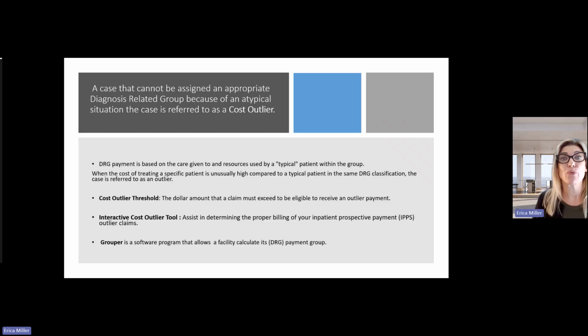And how do we get reimbursed for this? So again, it has to exceed a certain dollar amount before it'll even be eligible for a cost outlier. And there are supportive tools that we use in our billing software in a hospital inpatient setting that will help facilitate the calculation of what these DRGs are.